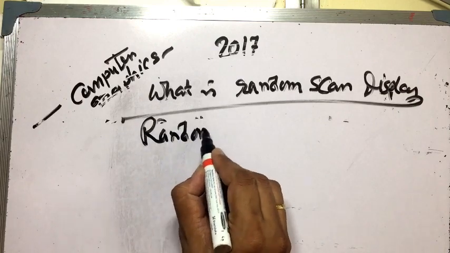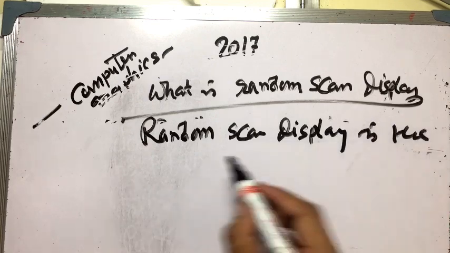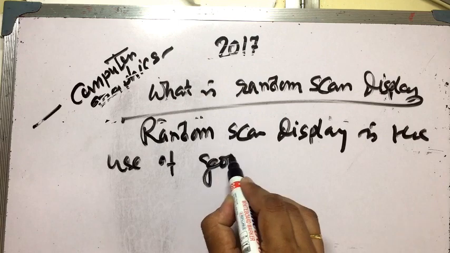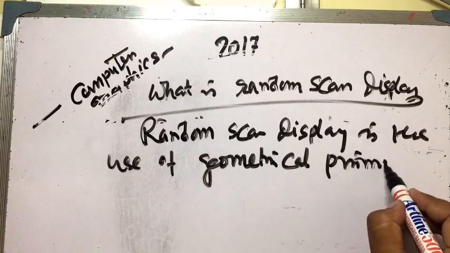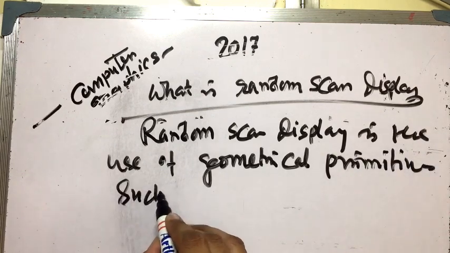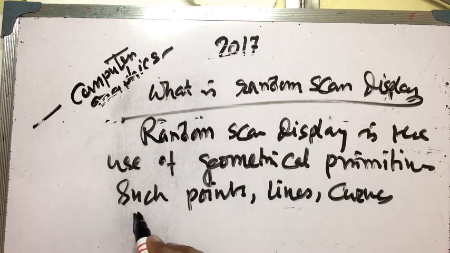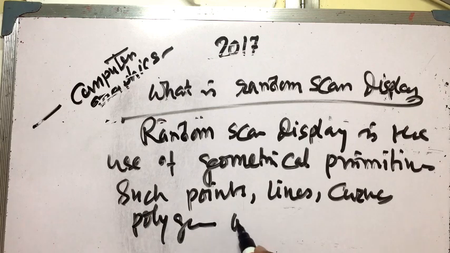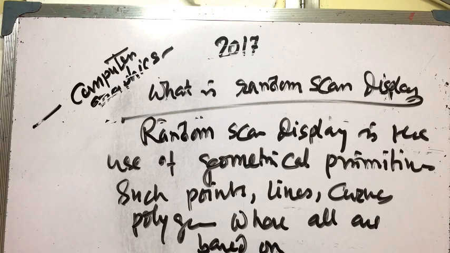Random scan display is used to draw geometrical primitives such as points, lines, circles, curves, polygons, where all are based on mathematical rules. So there is a direct drawing of pictures using random scan display.